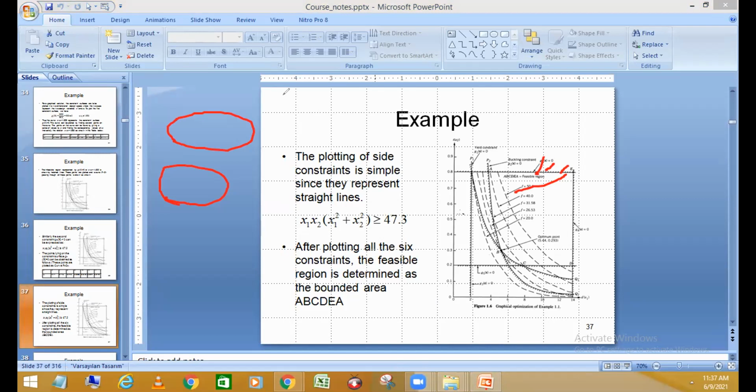You also need to write down this equation. Clear?